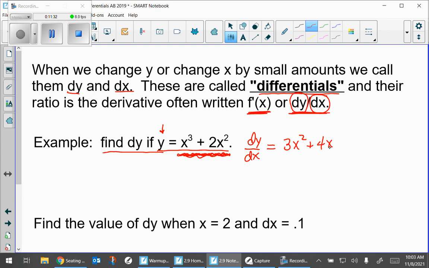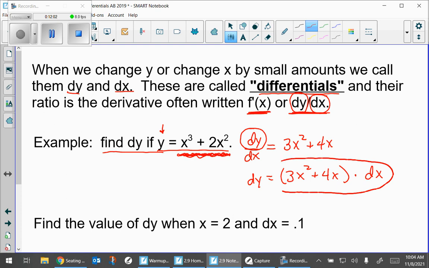Good. So if your job is to find out what dy is, what are you going to do to both sides of this equation? So dy is equal to this 3x squared plus 4x. And you're going to multiply each side by this dx. And that's it. You've done it. You've gotten dy all by itself. This is what the small change in y would be equal to.